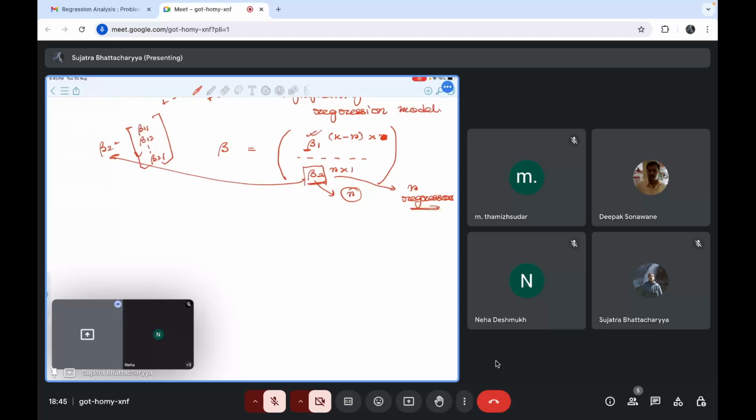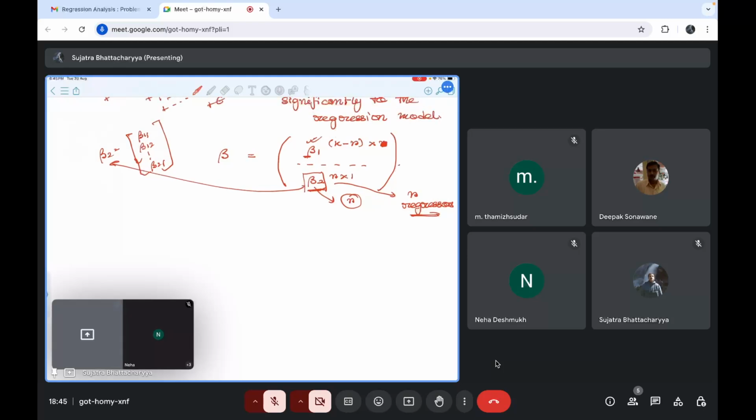Here what I have shown is that the last ones are unknown parameters, the last ones are regressors, I would say. Whether they are significant or not, that is what we test. So your null hypothesis here becomes y is equal to x1 beta 1 plus epsilon.